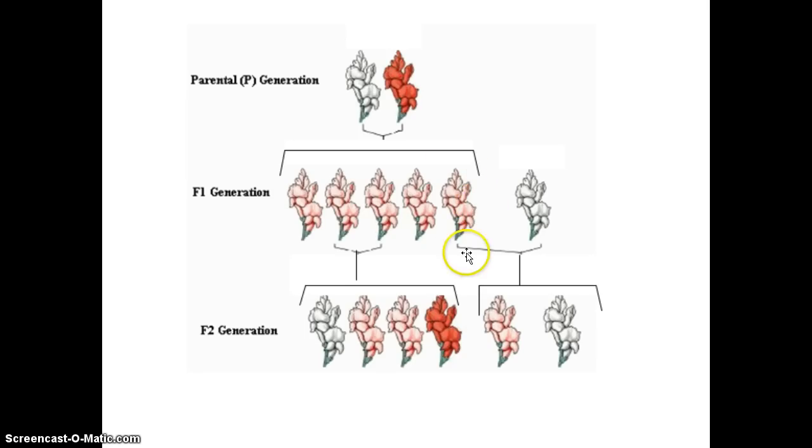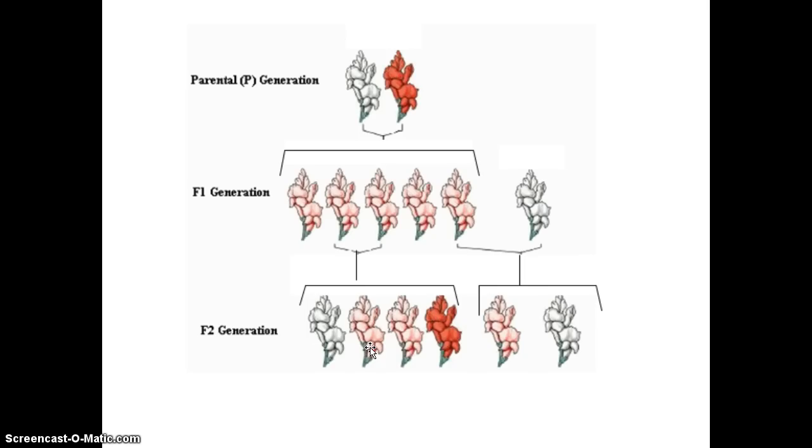So if I took this pink flower and mated it with a white flower, CR/CW mated with a CW/CW, we would see that 50% would be pink and 50% would be white. But what's interesting is if you took two pink flowers, again CR/CW, CR/CW, and did a Punnett square with that, 25% of those flowers would be white, 25% would be red, and 50% would be pink.